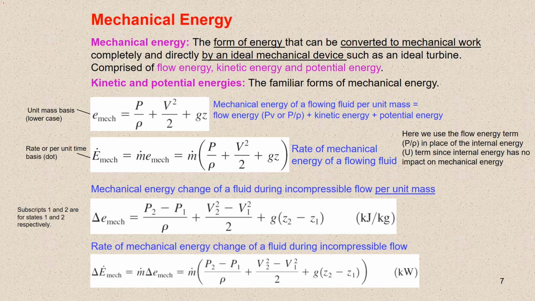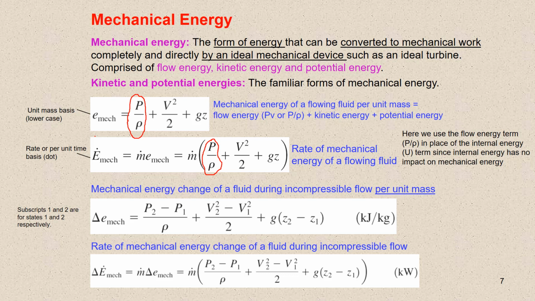Note that pressure itself is not a form of energy, but a pressure force acting on a fluid through a distance is called flow work, in the amount of P divided by rho per unit mass. Flow work is expressed in terms of fluid properties, and it is convenient to view it as a part of the energy of a flowing fluid, and we call it flow energy.